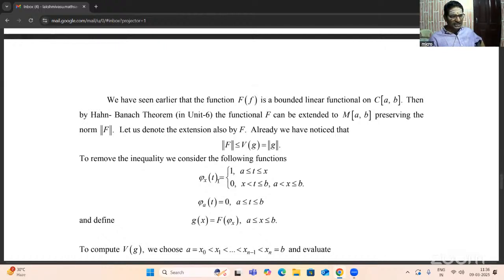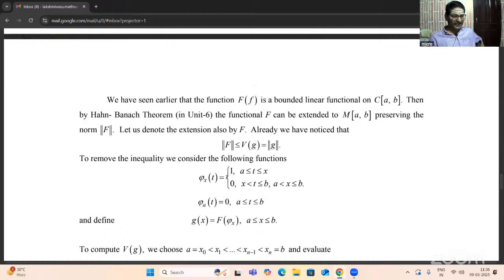So we consider the following: psi x of t equal to 1, where t lies between a and x, and otherwise, for x less than t less than or equal to b, it is 0. So you are taking any one element x lying between a and b. So t lies between a and x. That is the integral defined with respect to t. So t lying in a to x, that value is 1.